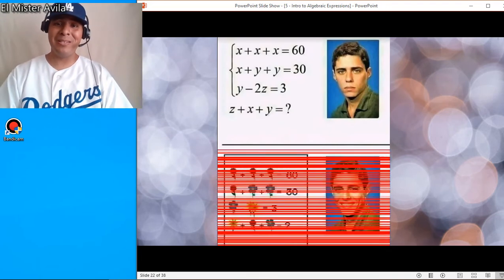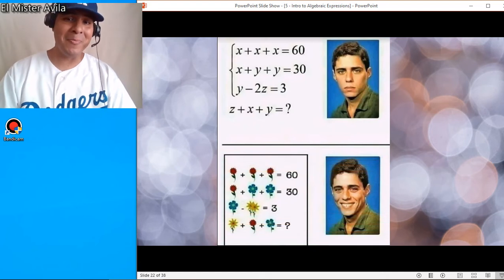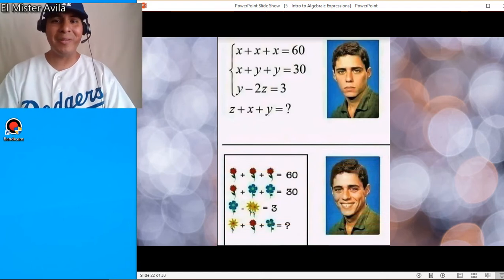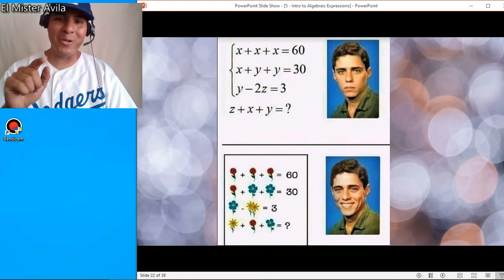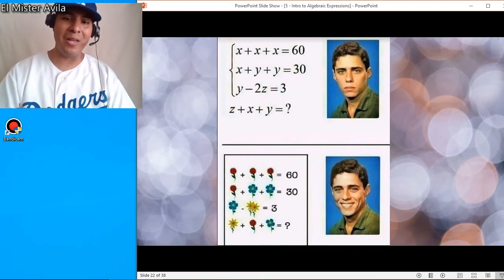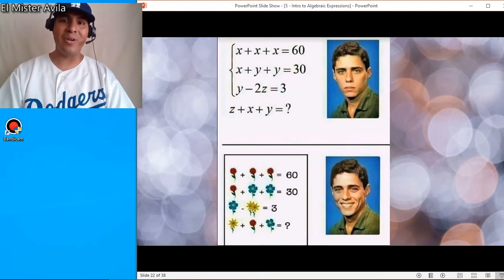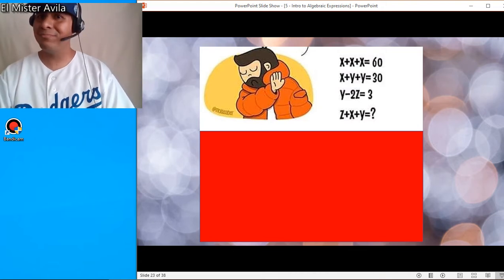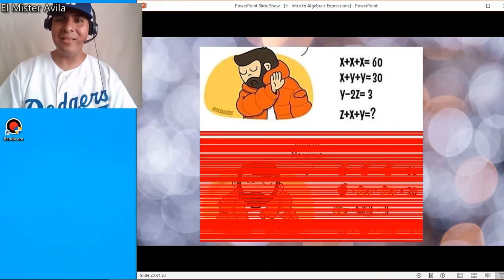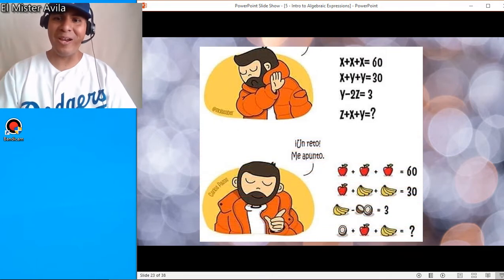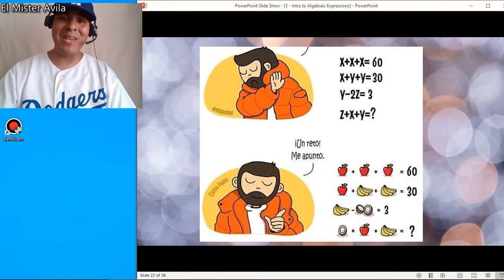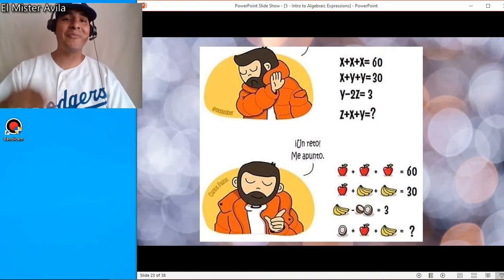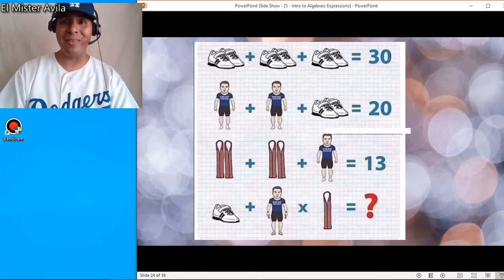But the moment that we rewrite the problem with flowers, all of a sudden, like, oh, this is interesting. I want to know what the red flower is and the blue flower and the yellow flower, and then be able to answer this question. If we see algebra in this way, you're not down. But if you replace those variables with fruits, bananas, apples, and coconuts, all of a sudden you're, oh, this is interesting. I want to try this.